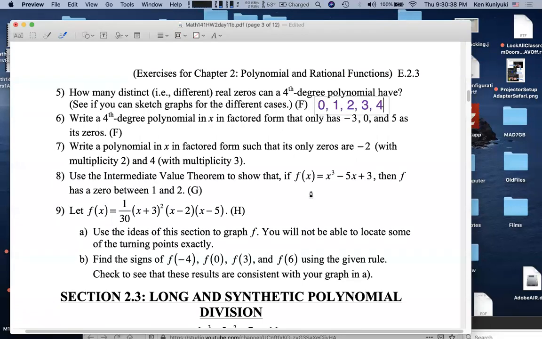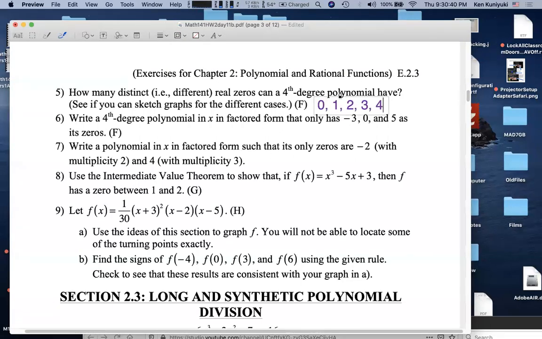And in fact, I can construct various scenarios by the factor theorem. So for example, here's a guy with one real zero, right? x minus 1 has a 0 at x equals 1, and that's it. Here's a guy with 2 real zeros, in factored form.